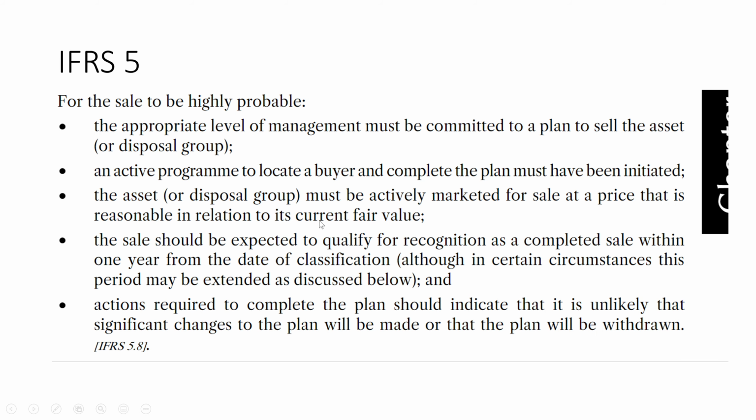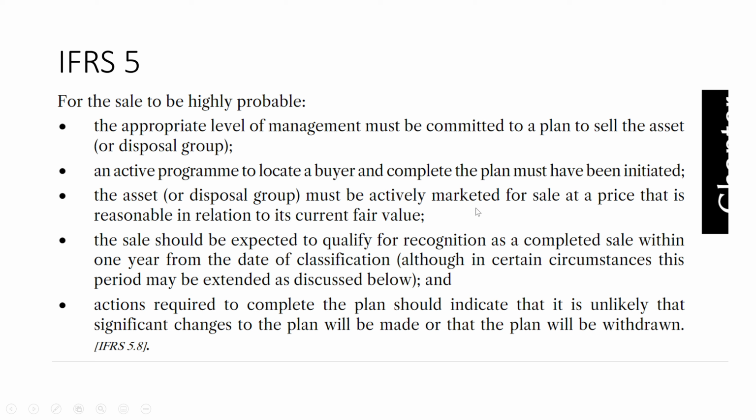So for a sale to be highly probable, there are 5 criteria attached to it, which you can make a note of in your open book. The first one is that we have to have an appropriate level of management committed to sell the asset. So there has to be some commitment. There has to be an active program to locate the buyer, and the plan must have been initiated.